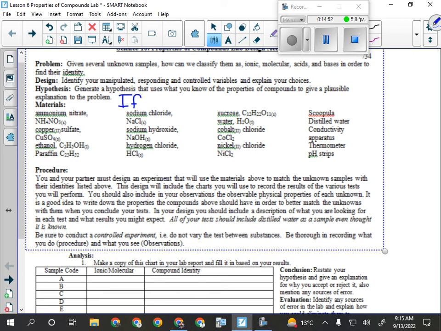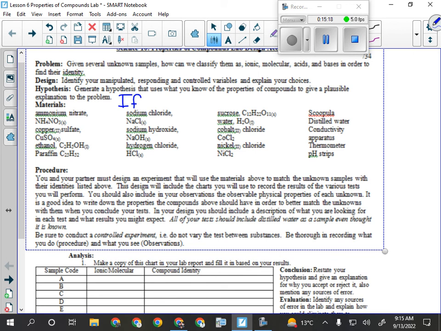Would that be fair to assume? I mean, if that's not true, are we going to be able to identify all of these? Because if it's not true, what it's going to mean is I'm going to test a whole bunch of different substances and they're all going to give me exactly the same results. That's not true. We know matter doesn't behave that way. We know that all matter has unique physical properties. That's the premise.